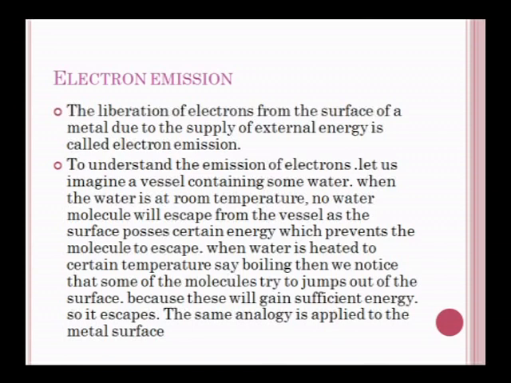Now here it is very difficult to understand how one can remove the electrons from the metal surface. So I can give a convincing explanation on how the electrons can be removed from the metal surface.